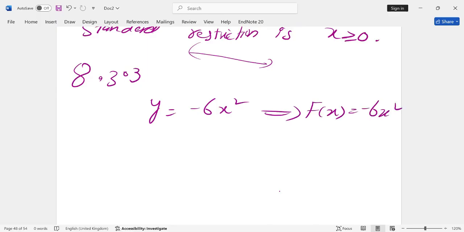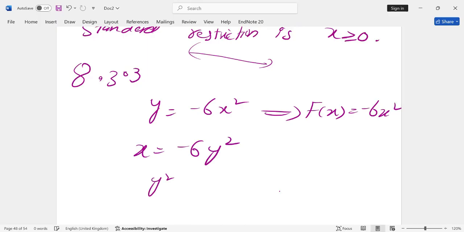I'm just writing the function f of x as y. Okay, so swap x and y in this. We have x equals minus 6y squared. Okay, so solve for y. We have to solve this equation for y.